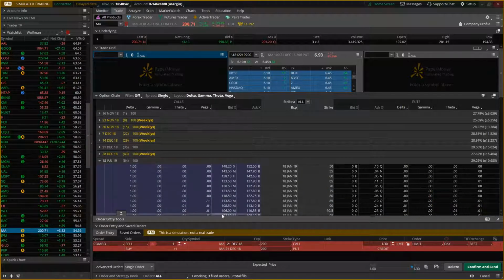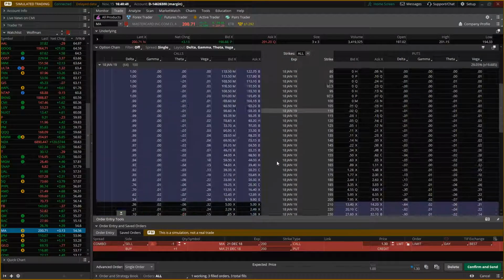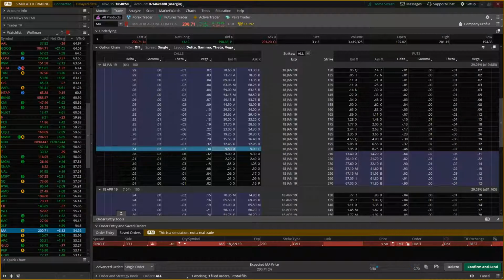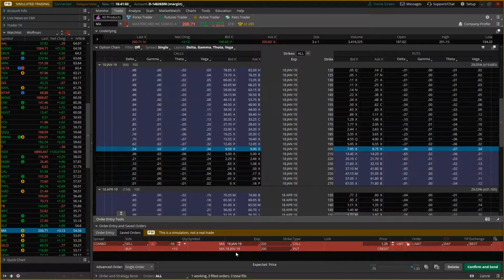But if we're getting into this strategy, the beauty in it is we can go further out in time and it's not going to change a whole lot. So for instance, this one's 54 deltas and 46 deltas. That adds up to 100 negative deltas, right? Selling 54 deltas and buying 46 deltas gets us total short 100 deltas.